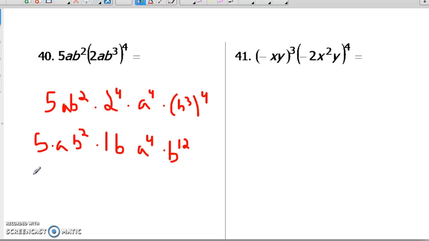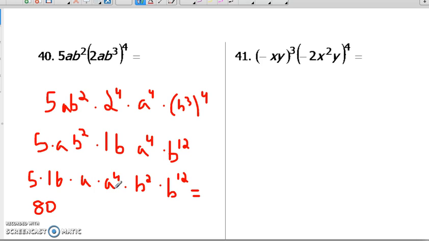So then I look to see, what can I actually multiply together? 5 times 16 times a to the fourth, b squared times b to the 12th. All right. Then from here, let's multiply. 5 times 16 is 80. A times a to the fourth is a to the fifth. And then b to the 14th.